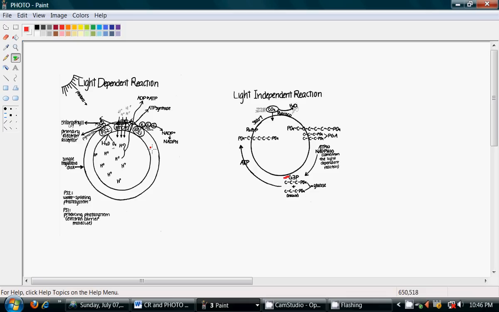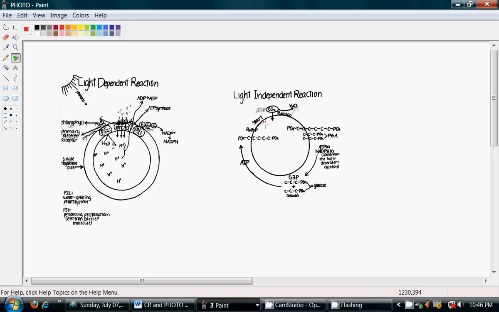Now G3P is important because when you combine two of those together and rip off a couple of phosphates, you make glucose. Super simple and straightforward when you look at the fact that two 3-carbon molecules together make one 6-carbon molecule, glucose. Now an important feature of this process is that every time you go around, you only use one carbon, right?